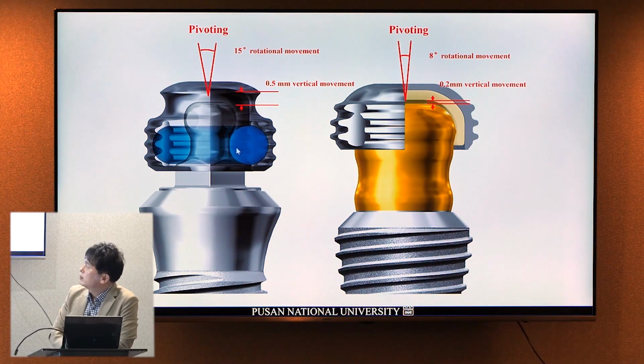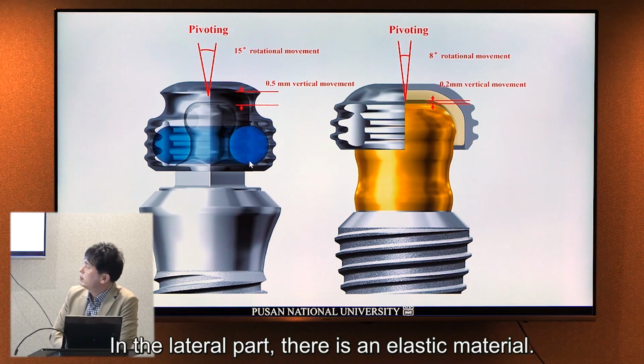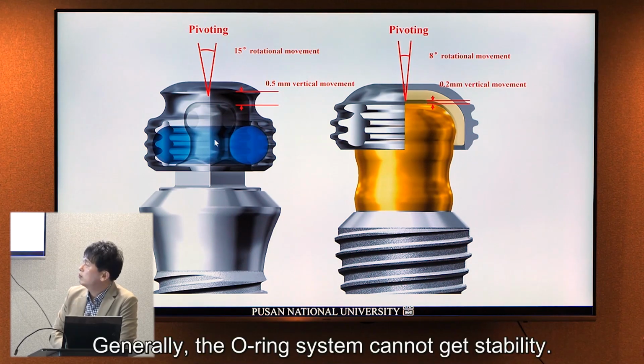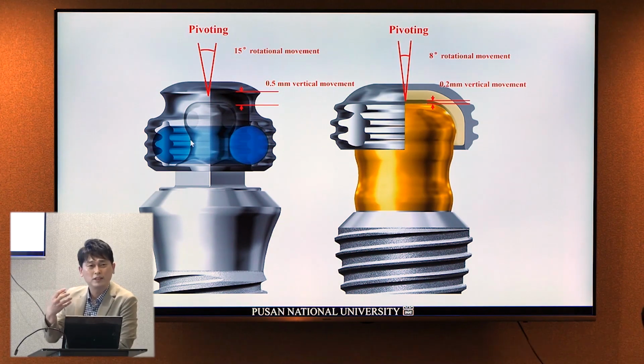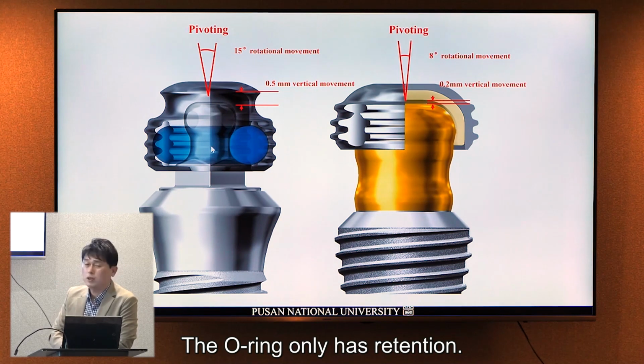And then in the lateral part, there is elastic material. So generally the O-ring system cannot get stability. The O-ring has only retention.